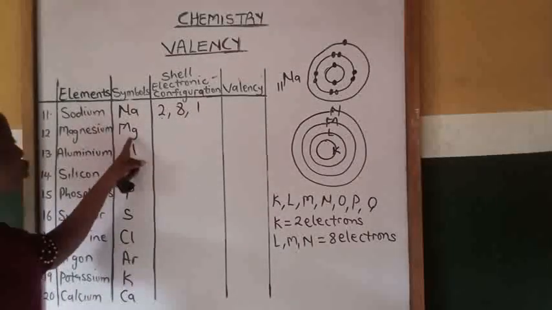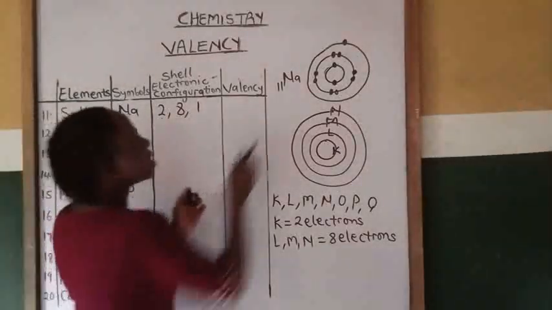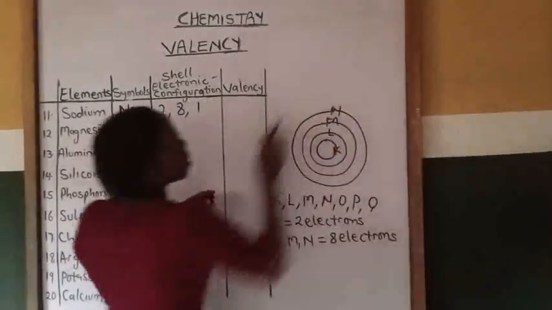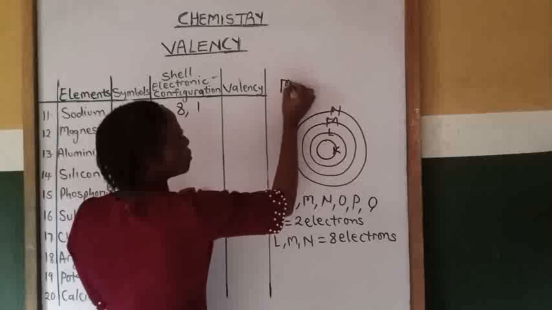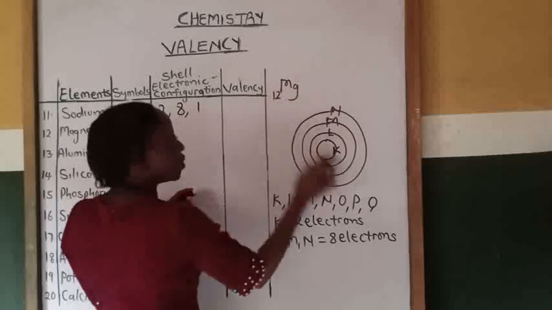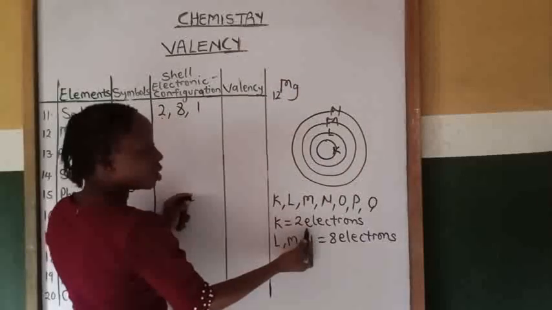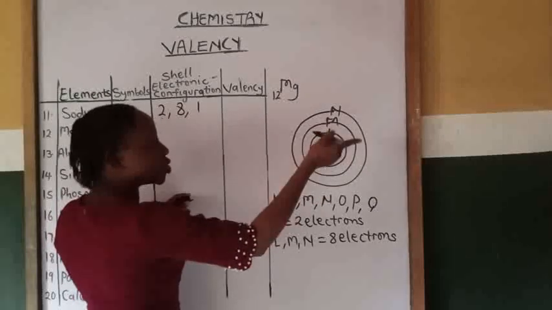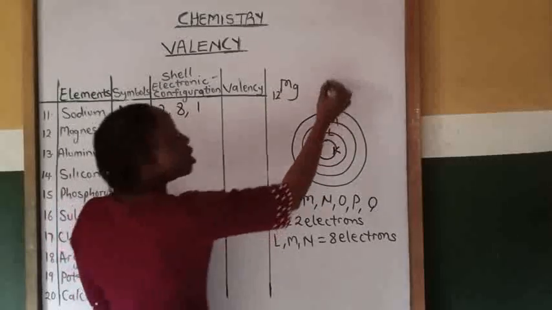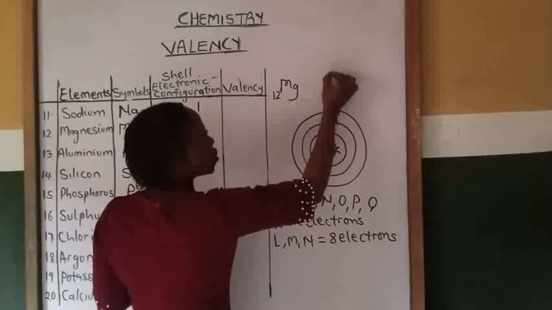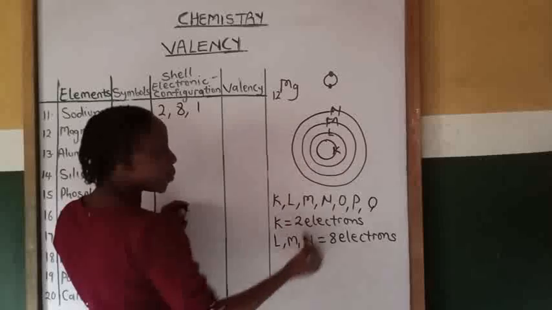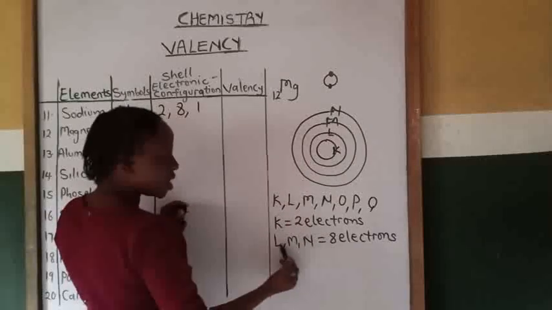So let's move to magnesium. Magnesium is number 12. The first shell will take 2. We should not forget that if you don't complete one shell, you must not move to the next shell. So the first shell will take 2 electrons out of 12. Then the second shell will complete its own 8 electrons.